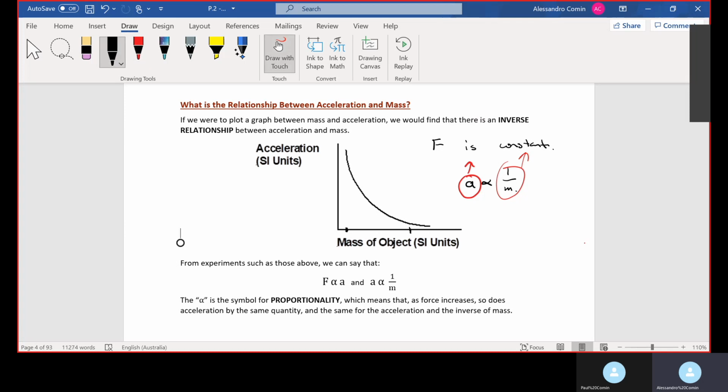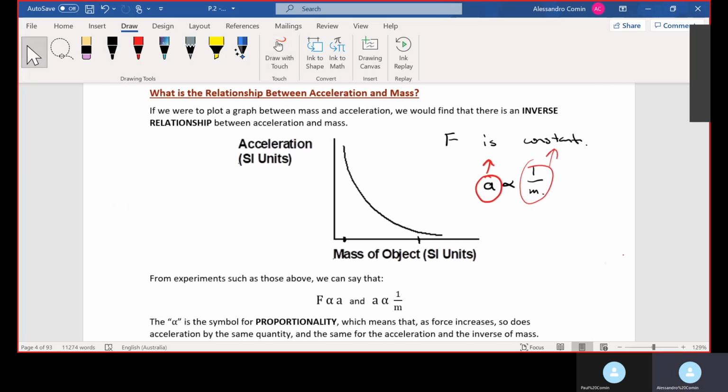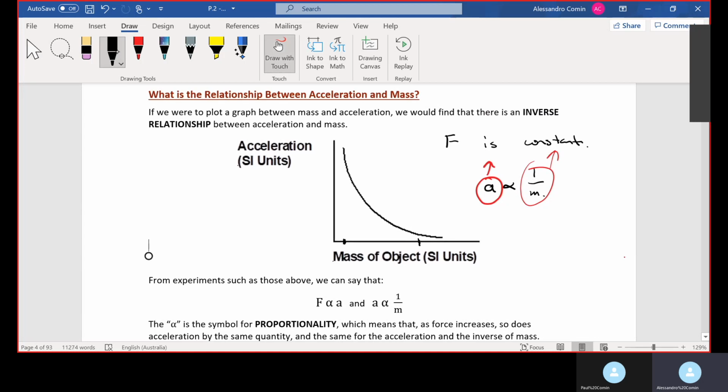But the question kind of remains, how do I make 1 on M bigger? How do I get that bigger? Well, in mathematics, if you divide a number by a smaller number, it actually forms a bigger number.